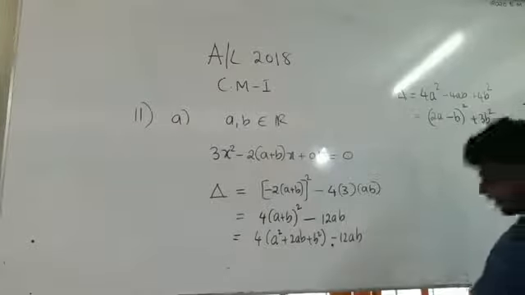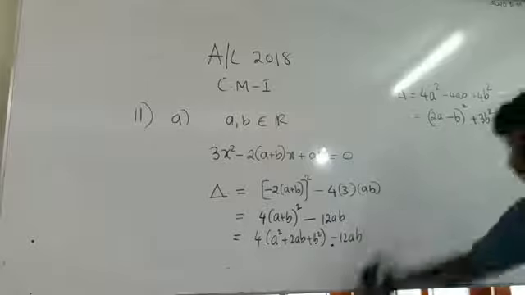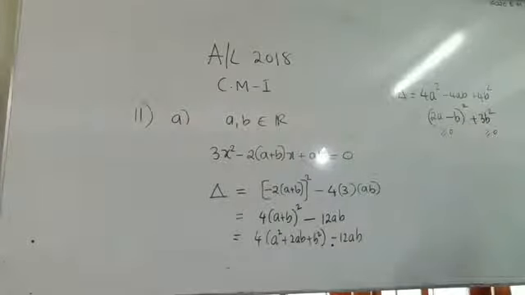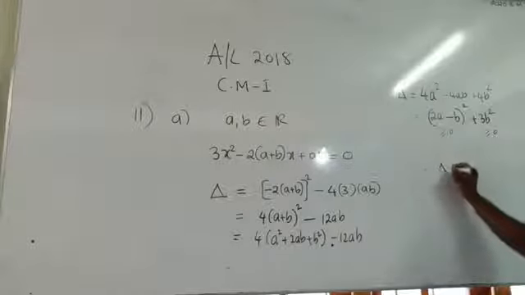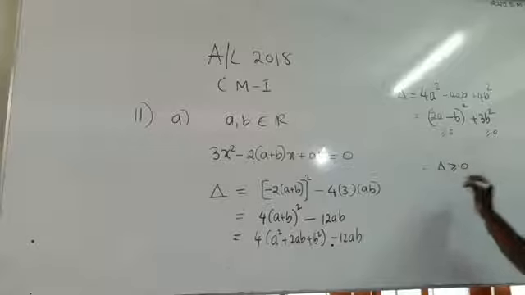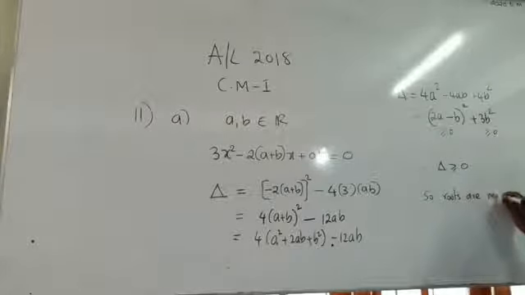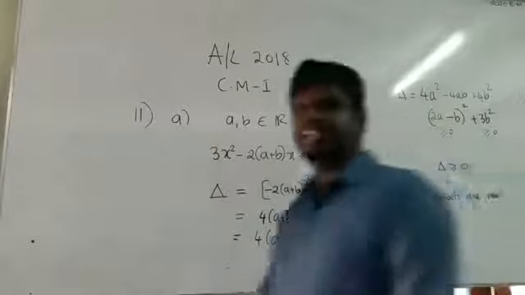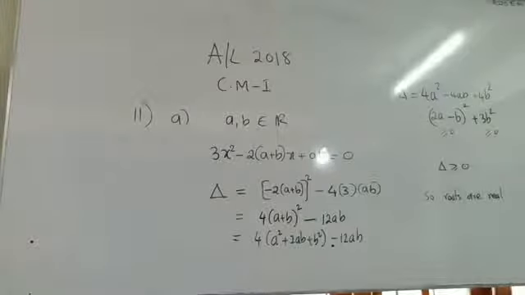Just don't put greater than 0 only, it can be equal to 0. Understood? So delta is greater than or equal to 0, so the roots are real. This is the way. Any problem with it? No.